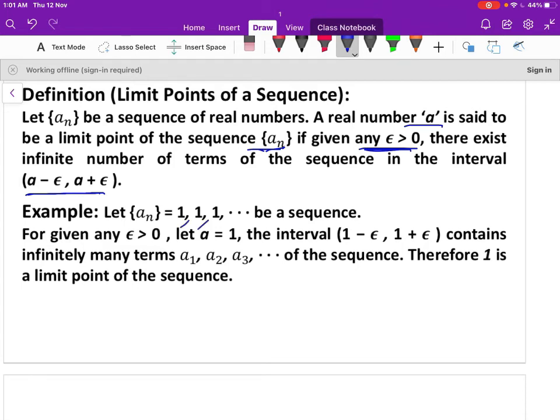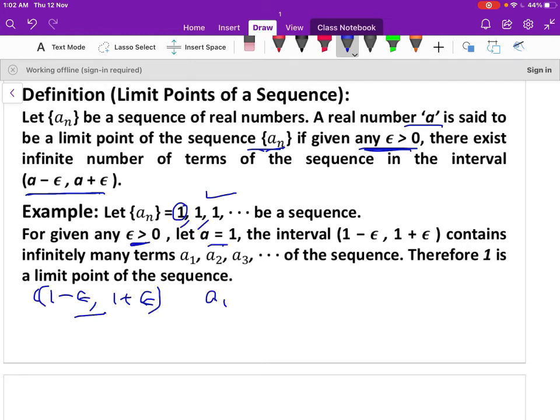The sequence a n equal to 1, 1 and so on be a sequence. It is a constant sequence. Let us take any epsilon positive. Let me check whether a equal to 1 is a limit point of the sequence or not. Now let us construct the interval 1 minus epsilon comma 1 plus epsilon. We can observe here that the first term a1 lies inside this interval.